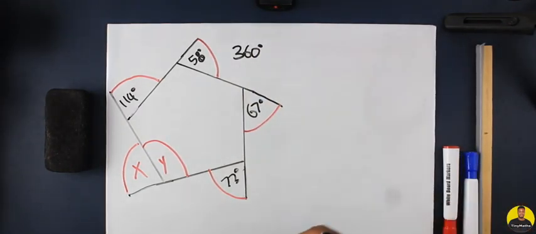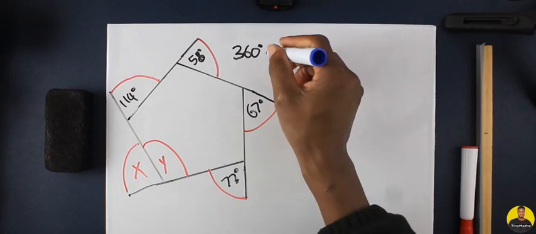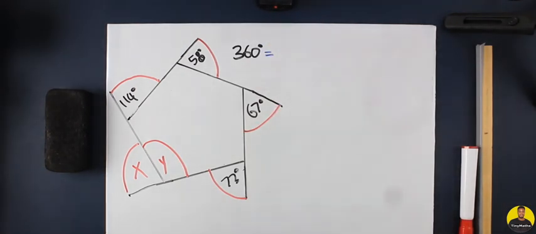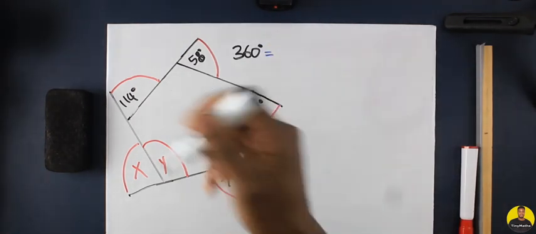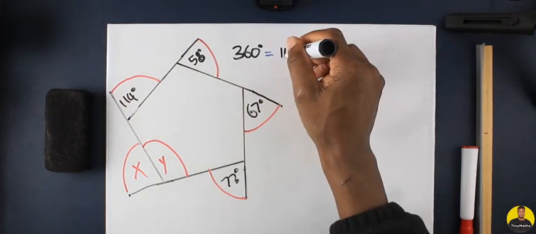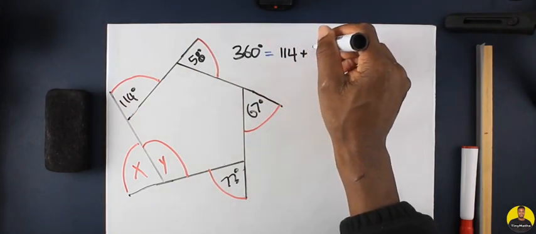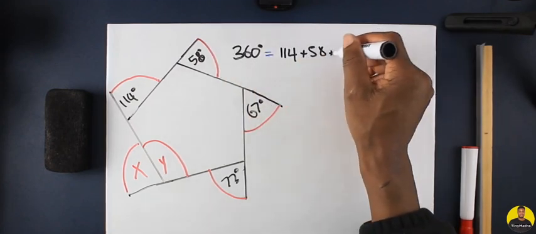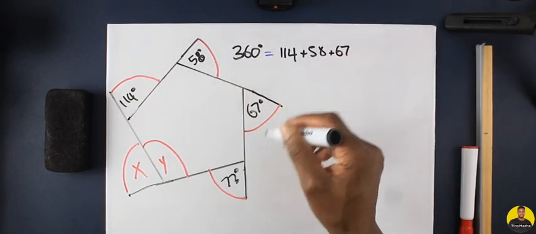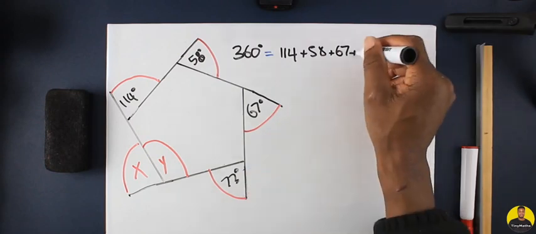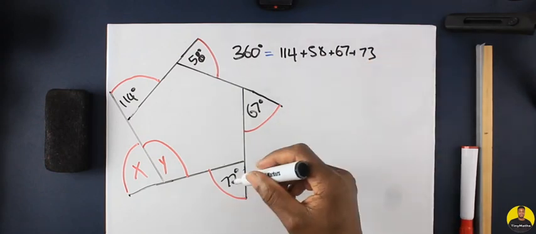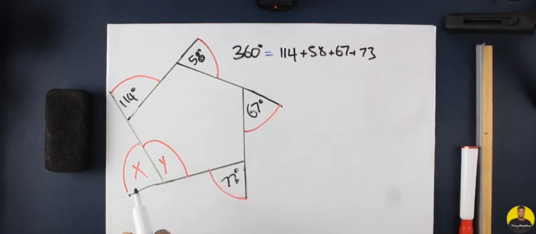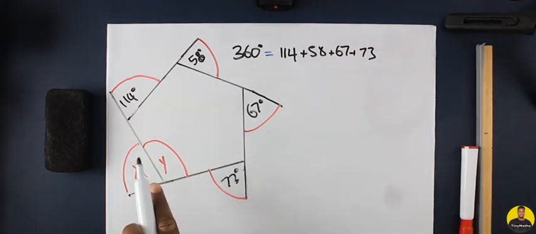So that must be equal to 114 plus 58, that's that angle, plus 67, which is that angle, plus 73, which is this angle, plus x, not y, because y is an internal angle.